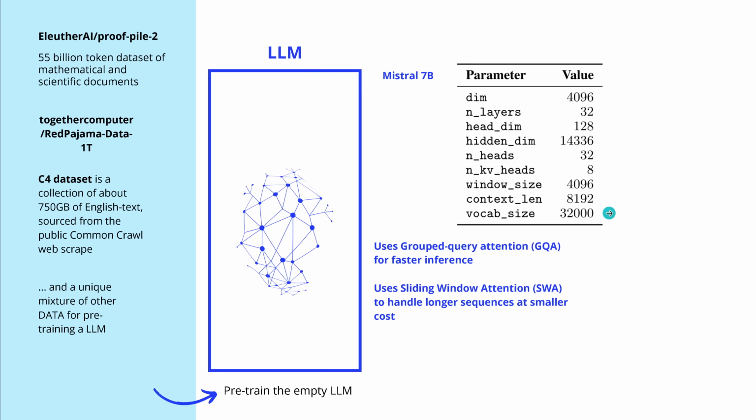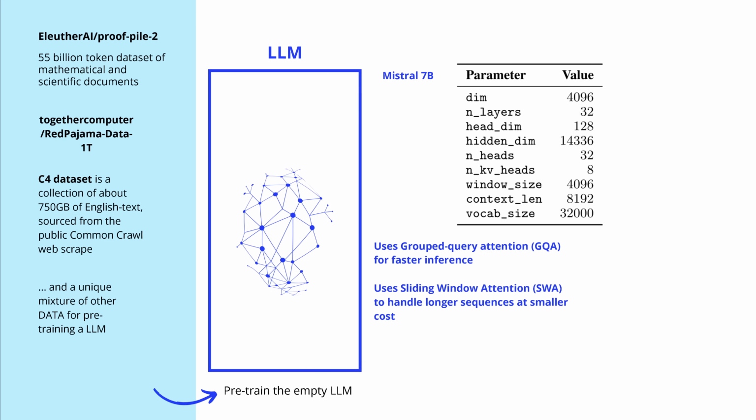There are complicated ways to build it, but there's also a kind of standardized approach to build this network from the architecture. We have a vocabulary size of 32K. We have a context length of about 8,000 tokens. The number of heads is 32. We go with a specific number of layers. And in total, we have about 7 billion free trainable parameters.